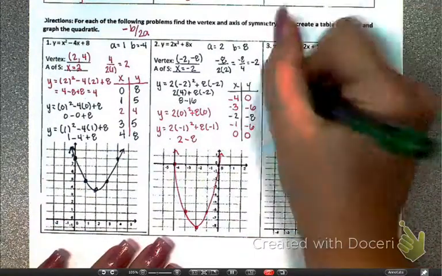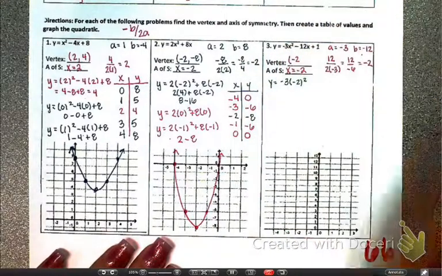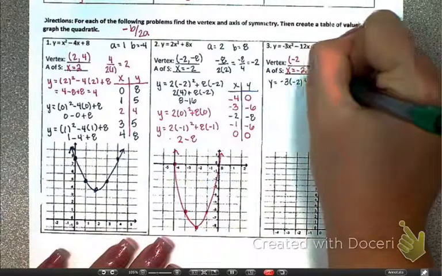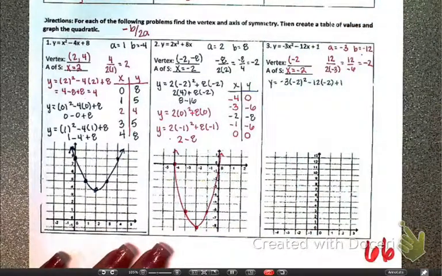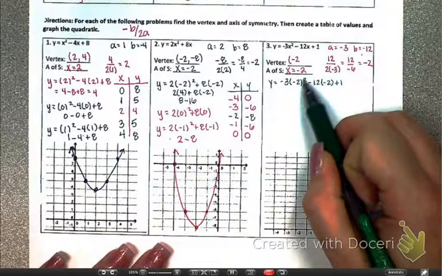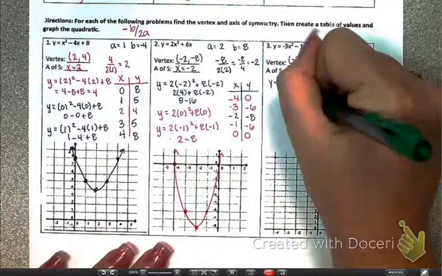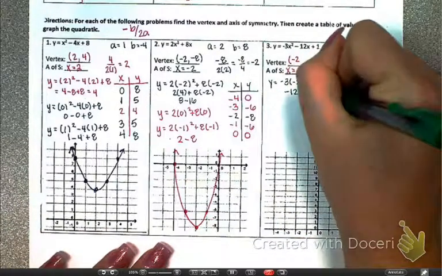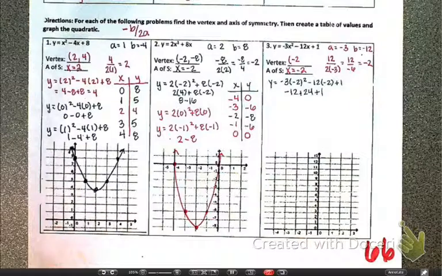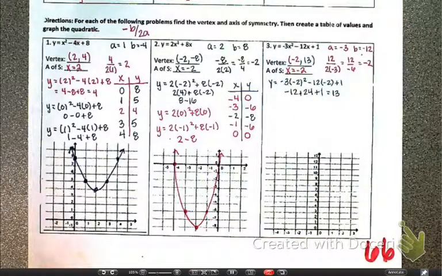To find y, I'm plugging it back in. -3 times -2 squared minus 12 times -2 plus 1. -2 squared. 4. 4 times -3? -12. -12 times -2 is a positive 24 plus 1. 13. -12 plus 24 is 12. 12 plus 1 is 13. So your vertex should be -2, 13.